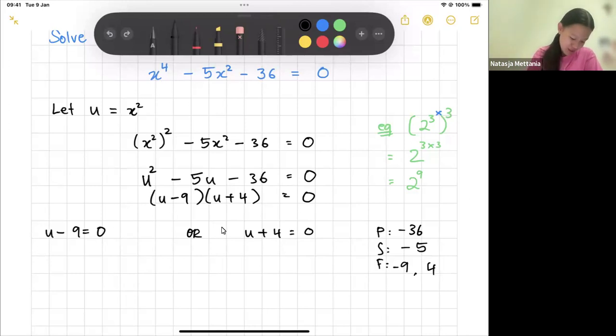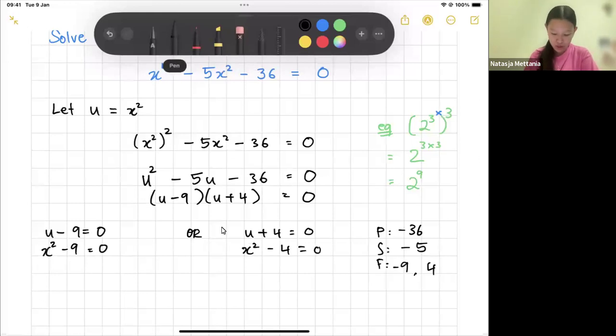Wherever u is, I'm going to put in x squared. Only do it at this stage. Only resubstitute your x squared at this stage here. Once you factorize and you're trying to find what x is, that's when you resubstitute it. Then just solve. Very, very easy.